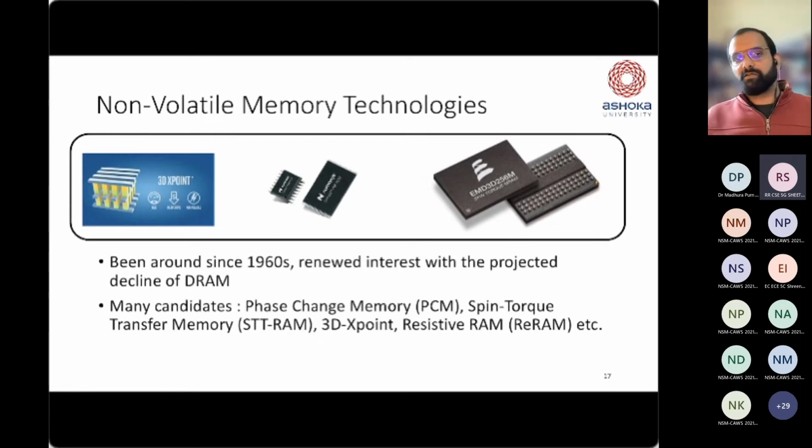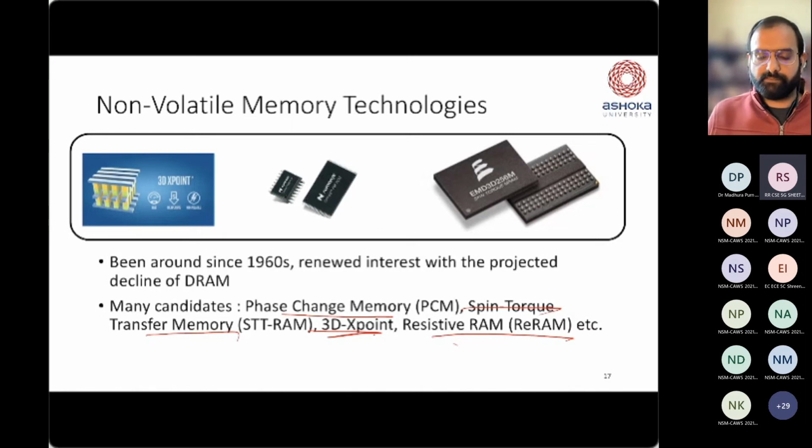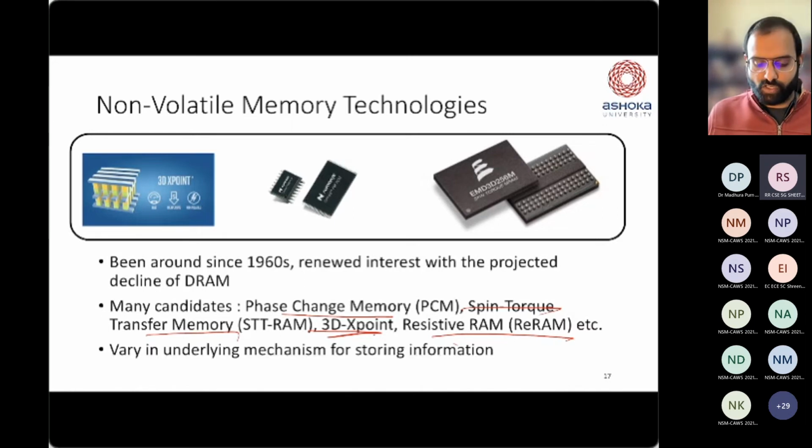There are multiple of these technologies around. We've talked about a few that have traditionally been used: SRAM and DRAM. Now, there are other technology types, for example, phase change memory, spin torque transfer memory, 3D crosspoint, which we'll talk about a little bit more, and resistive RAM. All of these technologies are ways in which you can store information, and they can potentially be used as a replacement for DRAM, and replacement I say with a pinch of salt right now, right?